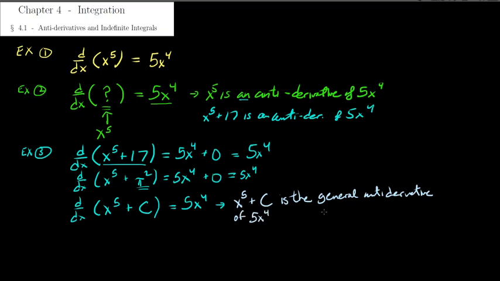This is going to be true for any antiderivative. You can always add an arbitrary constant because when you take the derivative of that constant it will be 0, so it won't matter what that constant is.